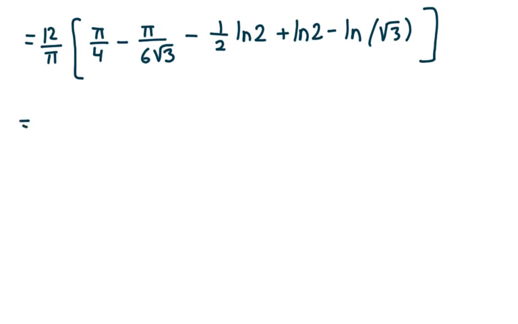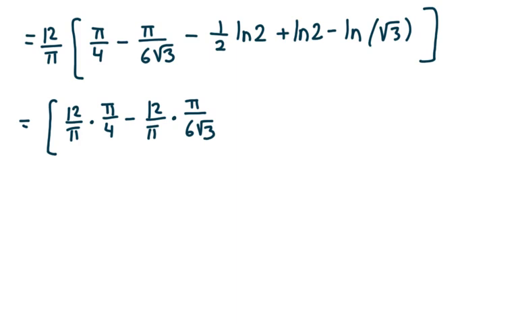Now, if I distribute, I'm going to get 12 over pi times pi over 4 minus 12 over pi times pi over 6 times the square root of 3 minus 6 over pi natural log of 2 plus 12 over pi natural log of 2, okay?